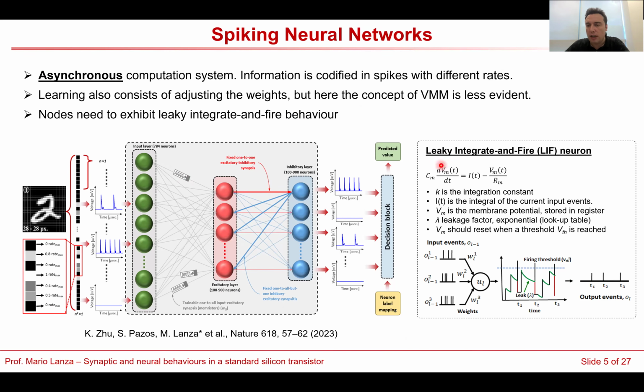So here you can see a little bit more about the mathematical model, but probably it's even more clear if we take a look at the schematic. You have in the input several neurons that are producing these spikes. These spikes arrive at the next neuron, and this one needs to integrate.